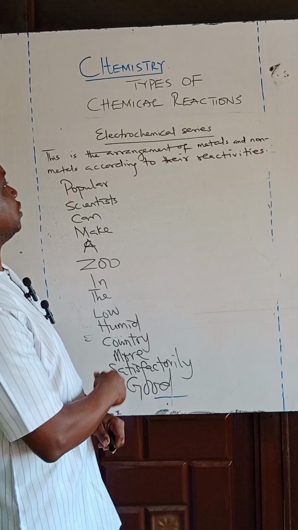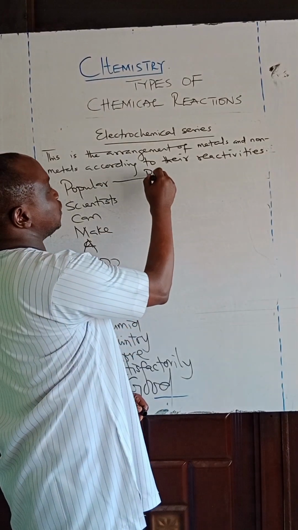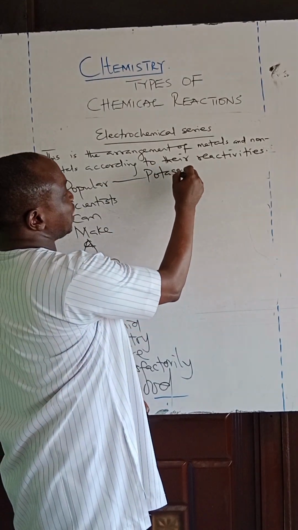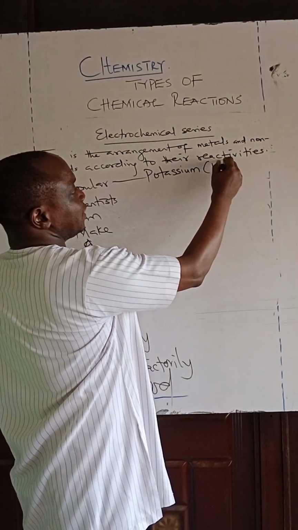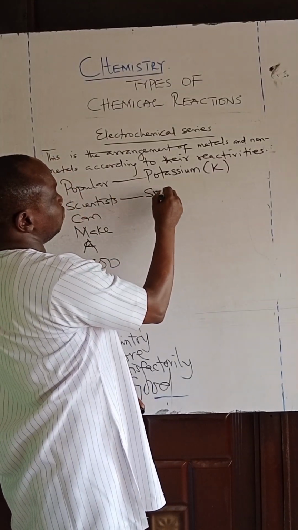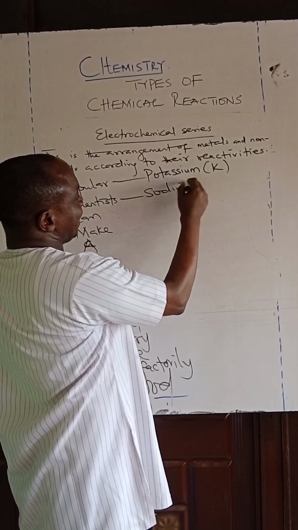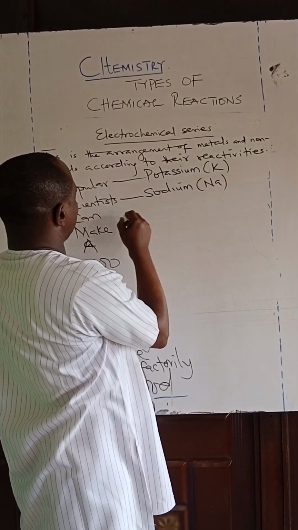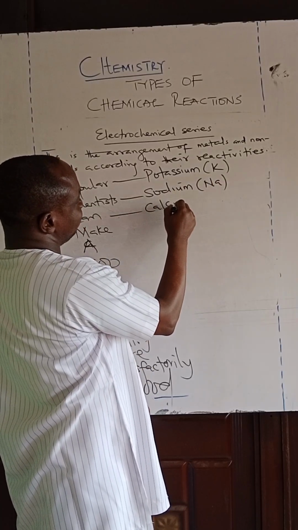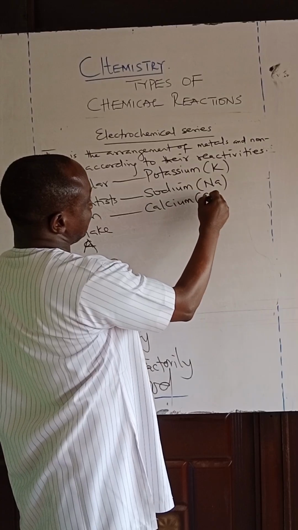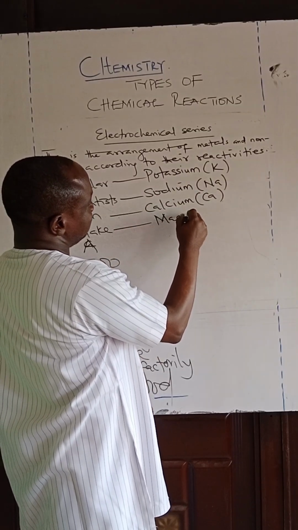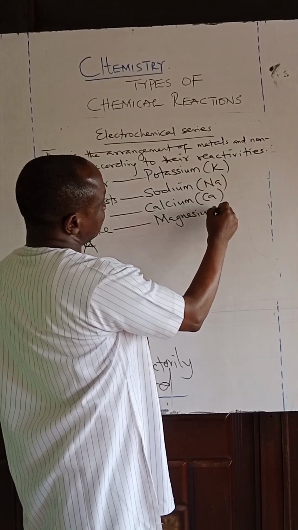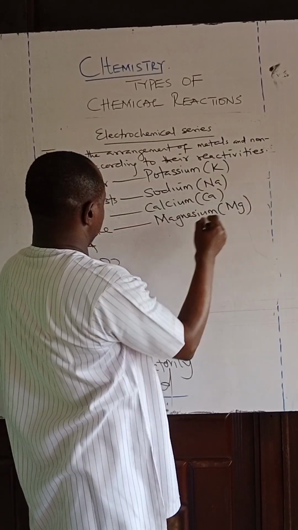This is the arrangement. This one means potassium, the most reactive metal. That is K. This one means sodium, Na. This one means calcium, Ca. This one means magnesium, Mg.